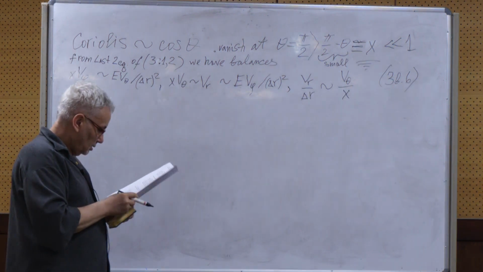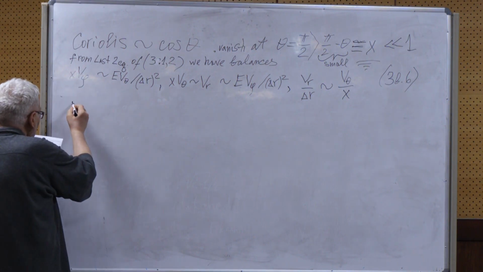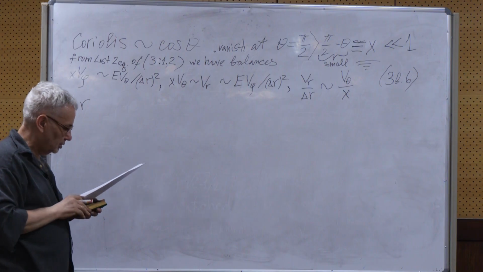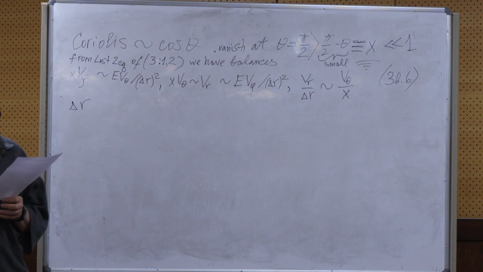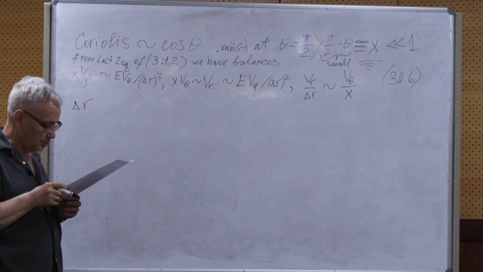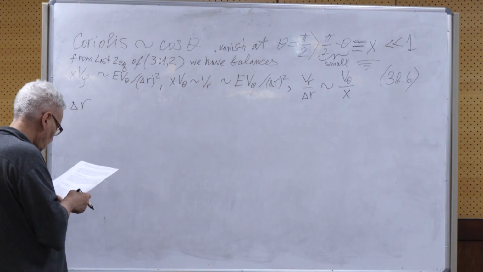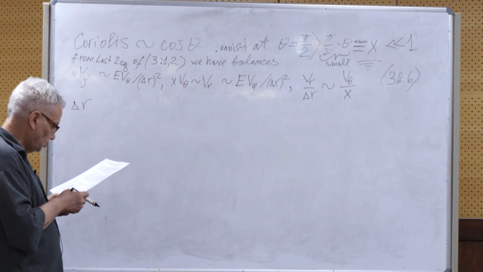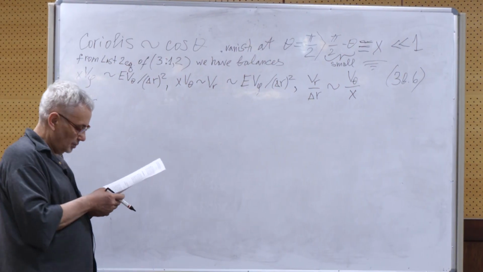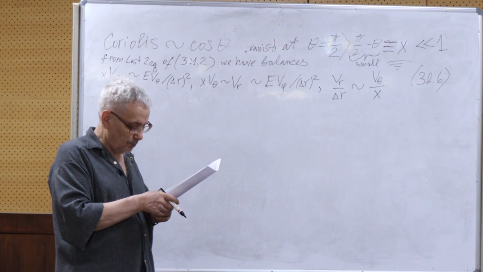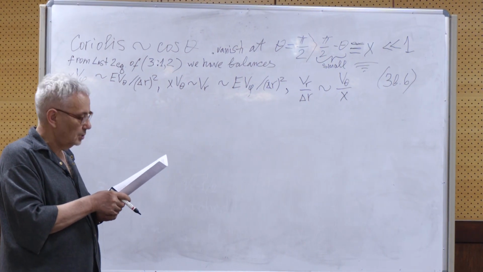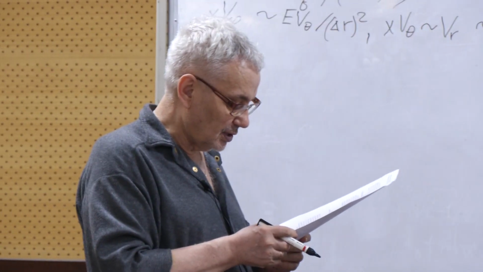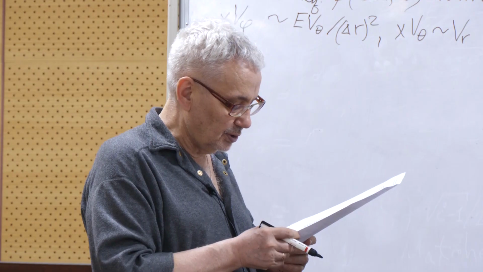Here delta R is the radial thickness of the equatorial layer, and the first balance is obtained from the latitudinal equation 3.1, which was in the previous chapter, under the condition that the decreasing Coriolis force remains compensated by the radial component of viscosity.